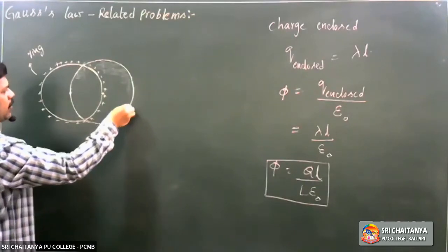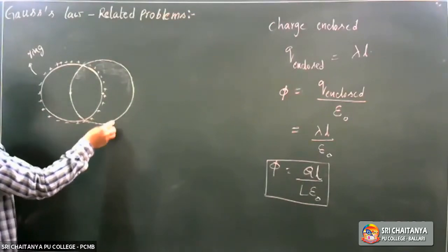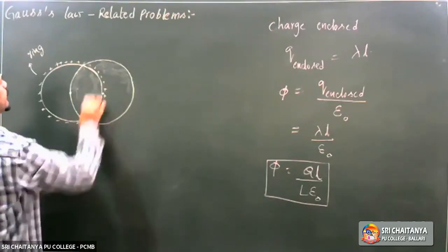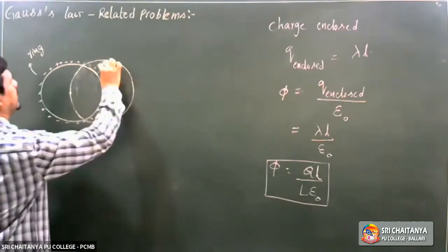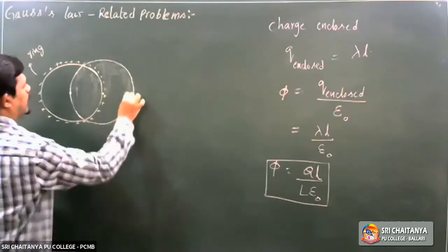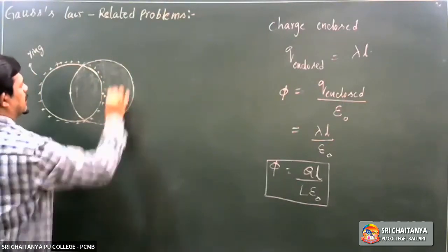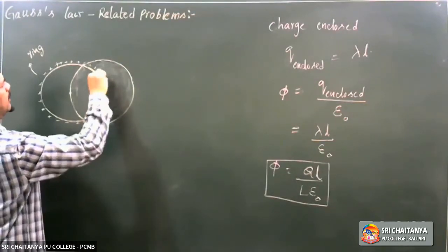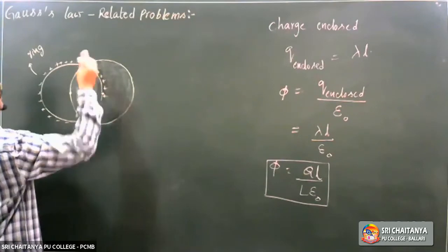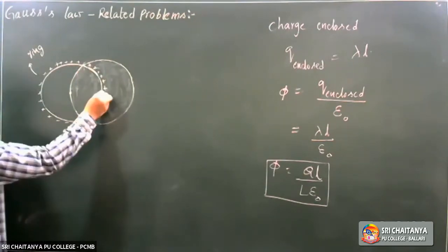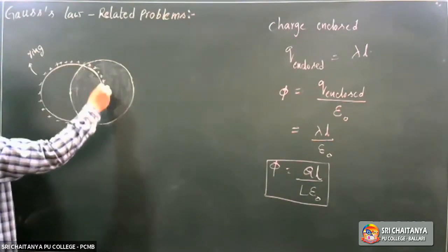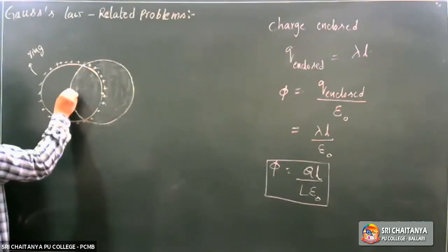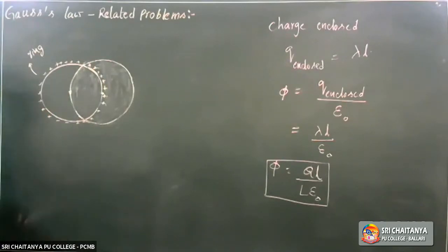It is enclosed in a sphere like this, such that its periphery is at the center of the sphere, and the sphere's periphery is at the center of the ring.